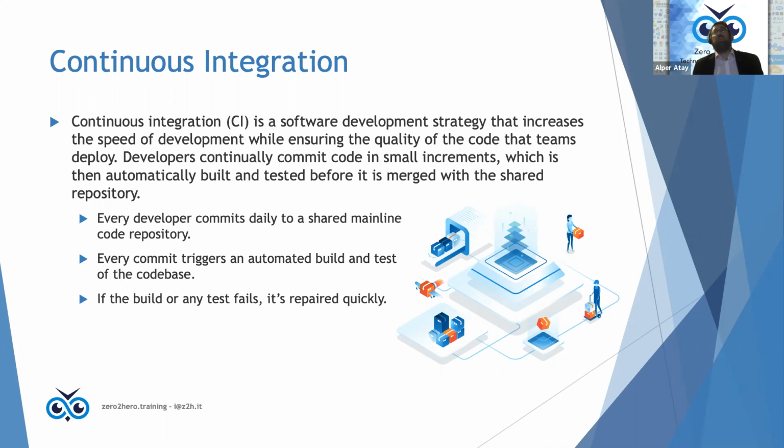Another point is we have more than one environment. Most of us have lots of environments, like production and development environments. So continuous integration also allows us to manage those environments and build our code with environmental dependencies.